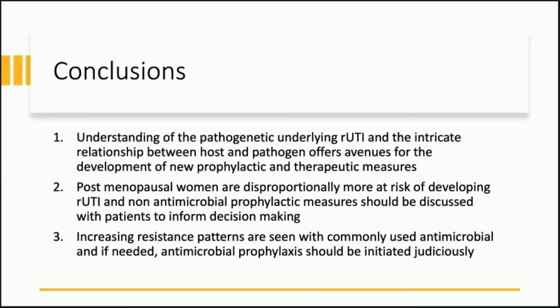Postmenopausal women are disproportionately more at risk of developing recurrent UTIs, and non-antimicrobial prophylactic measures should be discussed with patients to inform decision-making. And then increasing resistance patterns are seen with commonly used antimicrobials, and if needed, antimicrobial prophylaxis should be initiated but judiciously. So this concludes my presentation, and I'm happy to take any questions.